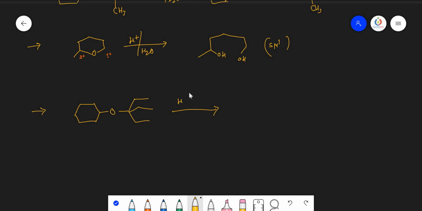On reaction with H plus H2O, OH, OH we can write easily, but the mechanism is important, as here this is a tertiary group, this is a secondary group. So you can easily say that it follows.